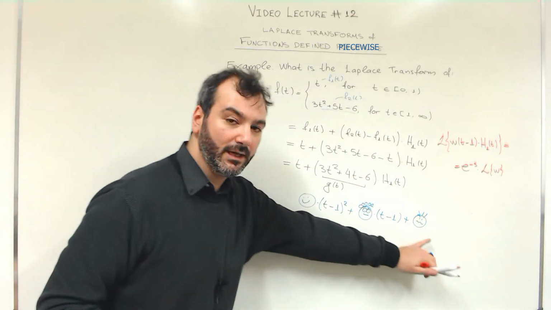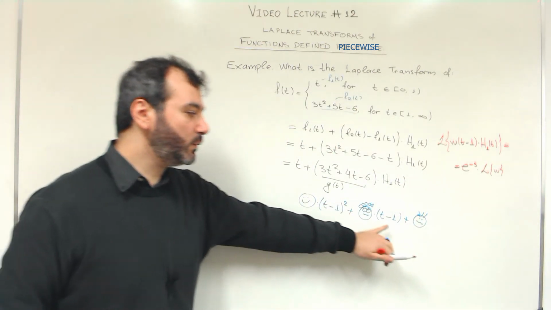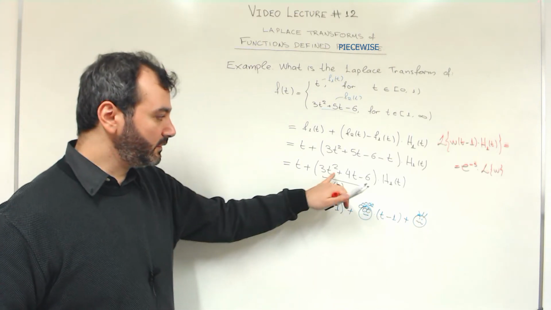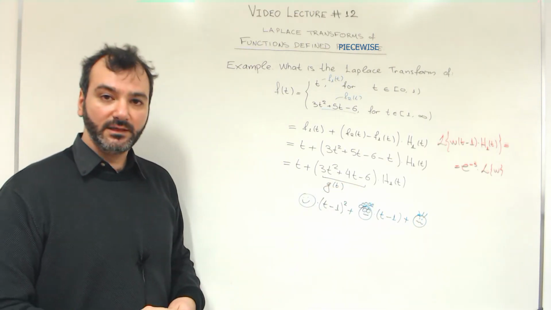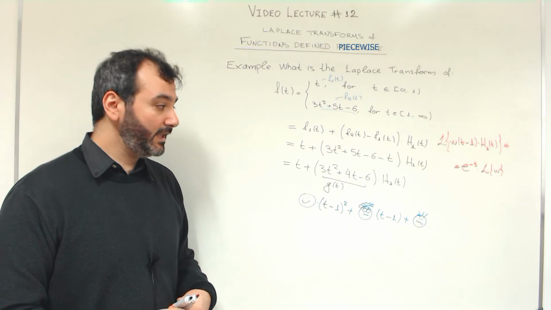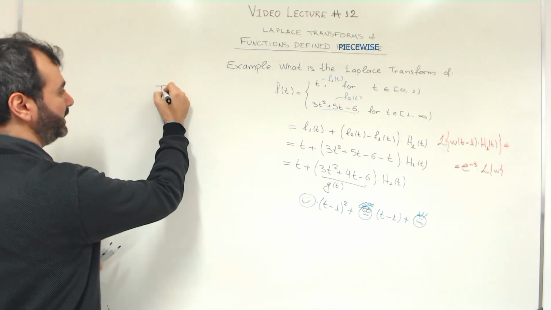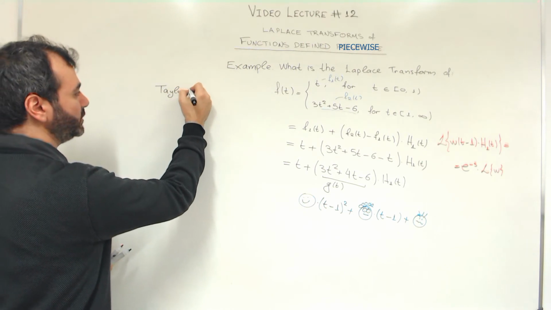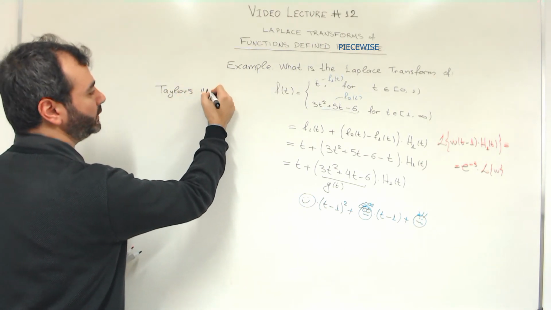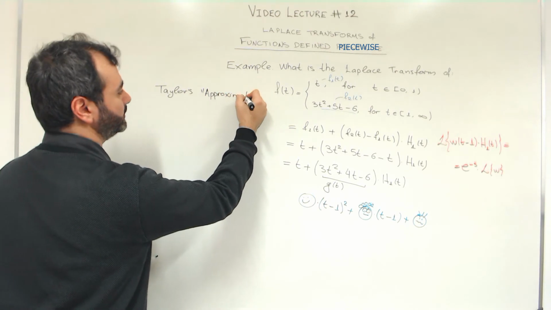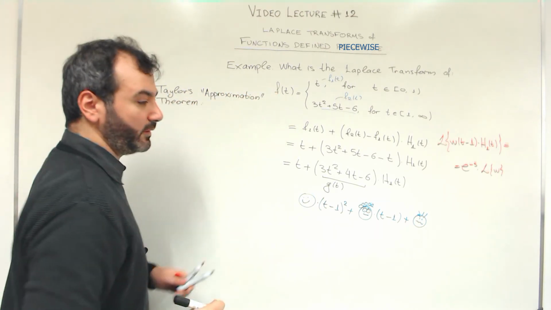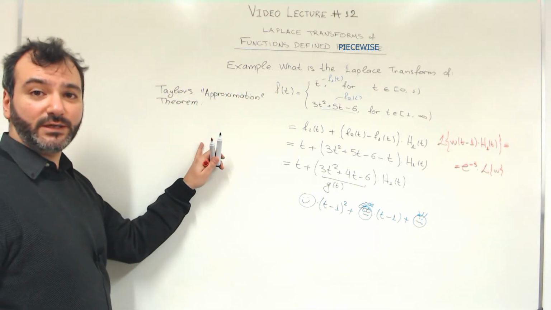So a polynomial again, but in terms of t minus 1, not in terms of t. The answer is, surprisingly, we can use Taylor's theorem, which in this case becomes Taylor's quote-unquote approximation theorem. We don't have an approximation anymore.